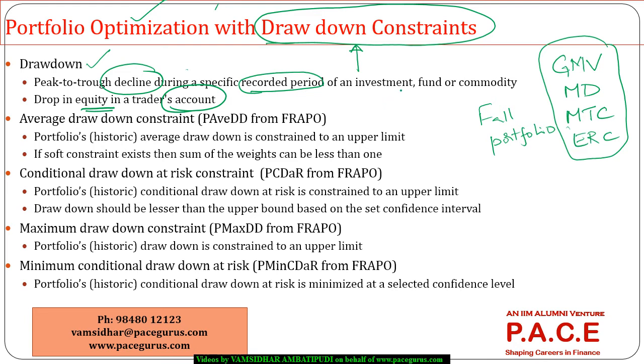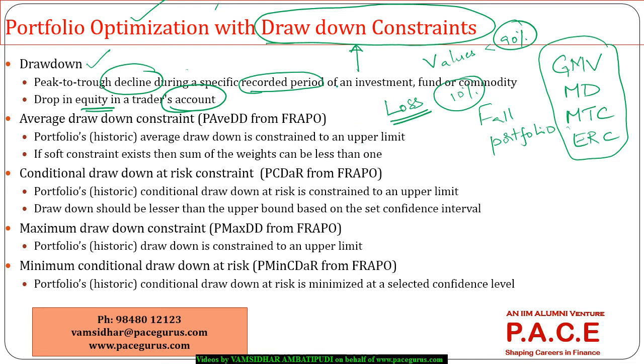Normally in the real world, the clients don't want the portfolio value, let's say, to fall below 90% of the existing profits that you have generated till now. Whatever the loss that you are getting, they don't want the loss to be anything more than 10% of the profits that have already been generated.